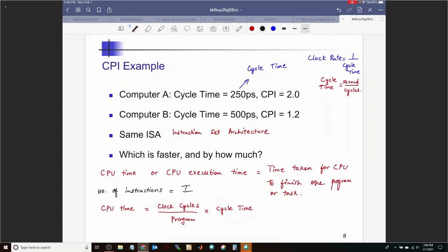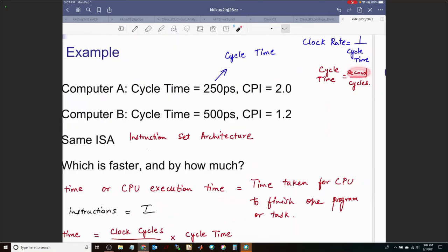Alternatively, you can also write CPU execution time as clock cycles per program divided by clock rate, if I'm multiplying by cycle time there. But seconds, picoseconds, those are all the numerator there, right?